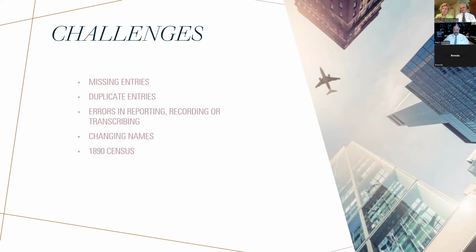Also, there are a lot of errors that can creep into the census. Like I said, it was a manual process. People went around and questioned people in the household or occasionally neighbors to try to find information about who lived in a certain house. As they wrote that down, they kind of took that person's word for it. Sometimes because of thick accents or just inability to understand what somebody was saying, some interesting names are written down in the census.